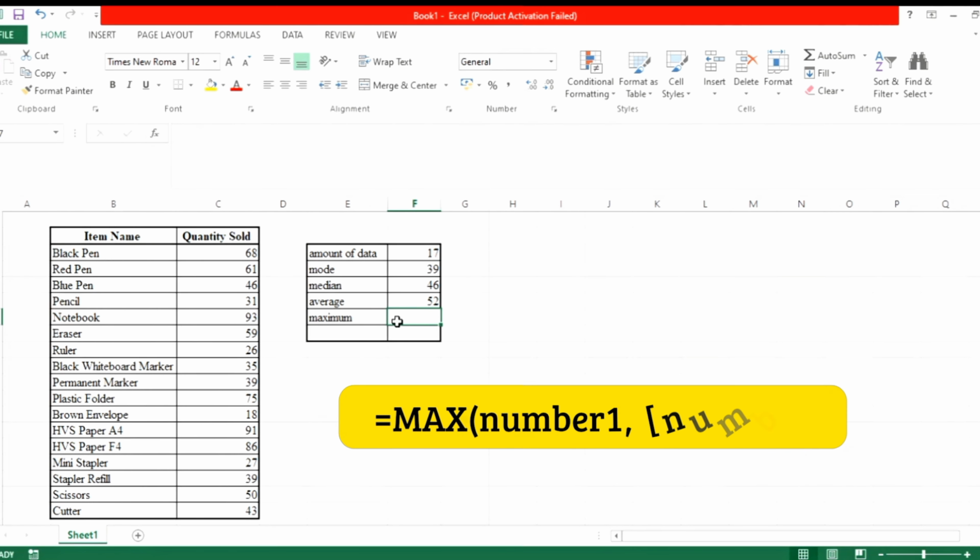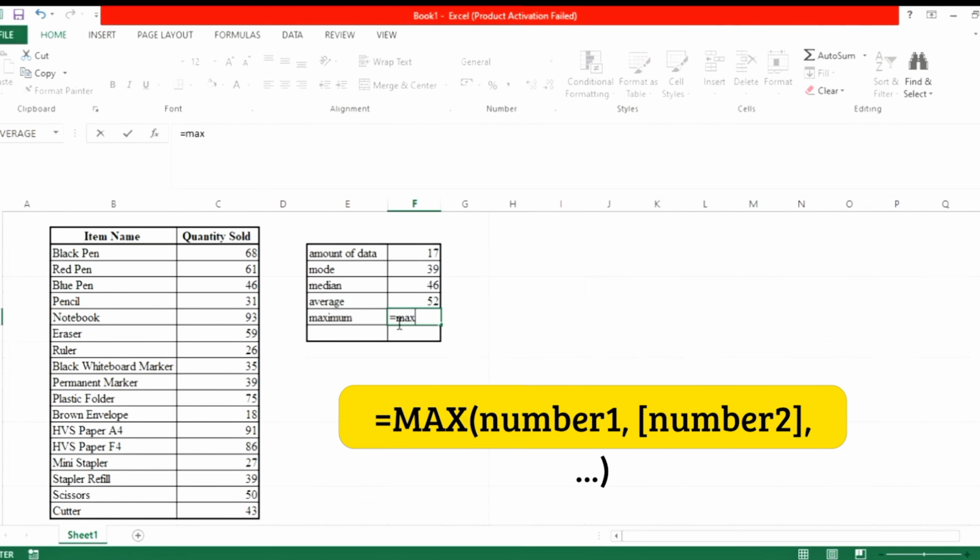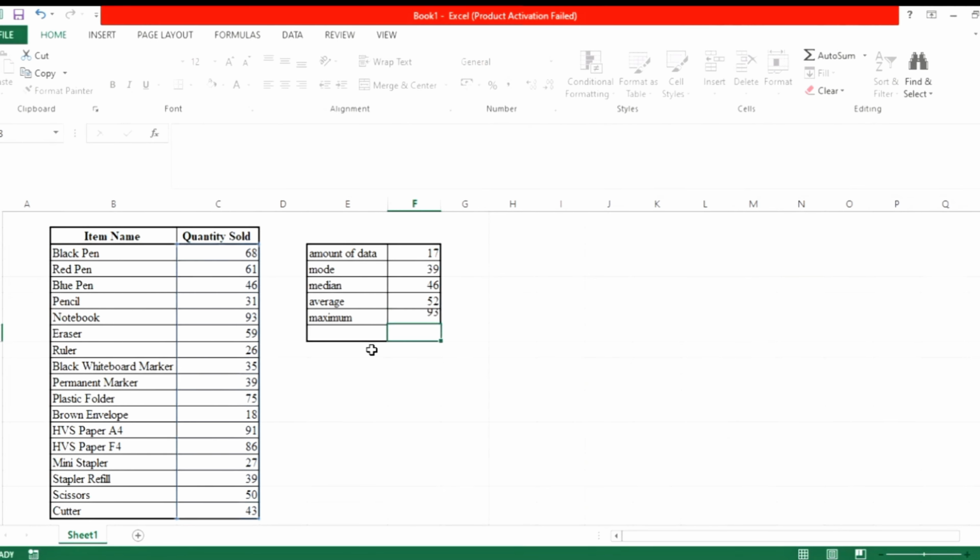So equal MAX, open the parentheses, we block data again, close the parenthesis and enter. The largest value that we have is 93. Is it true? It is 93.